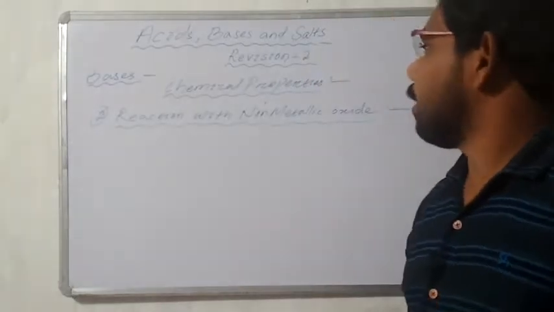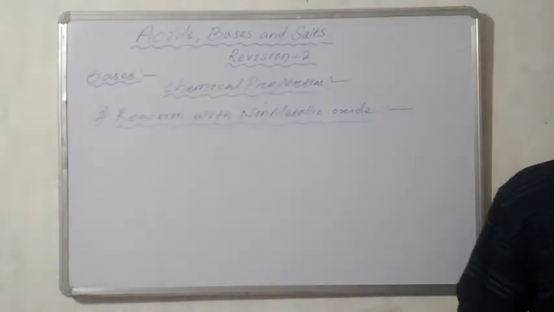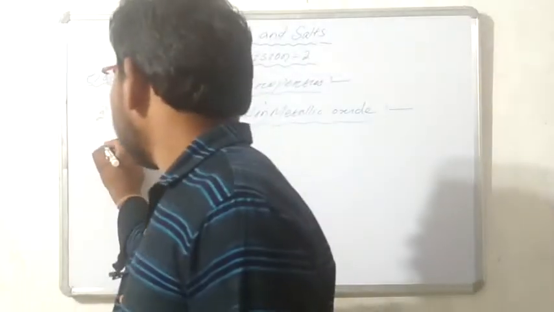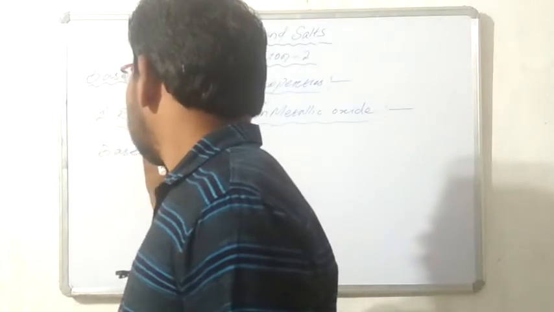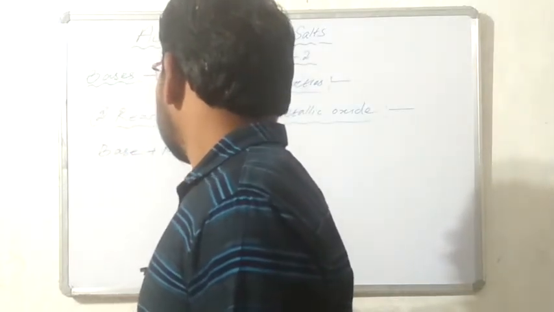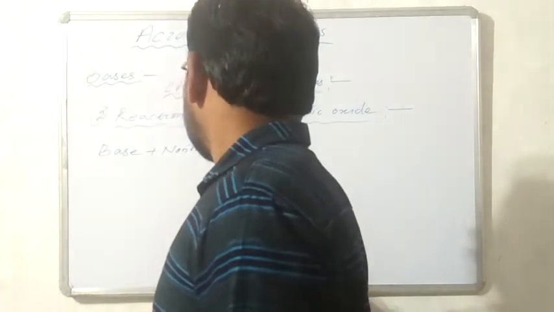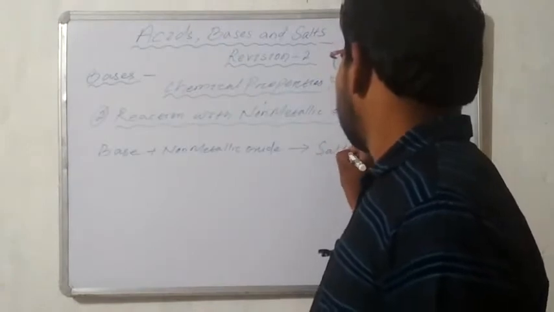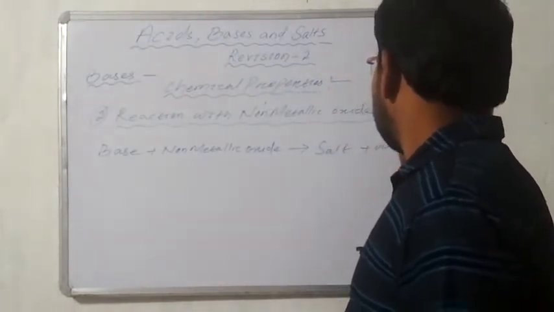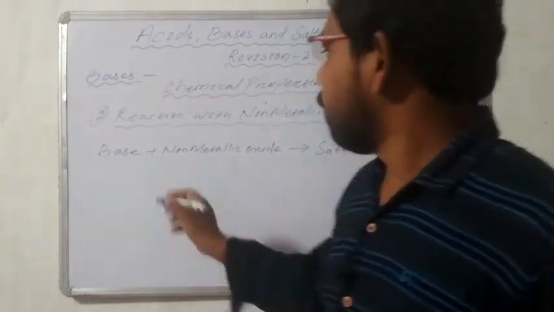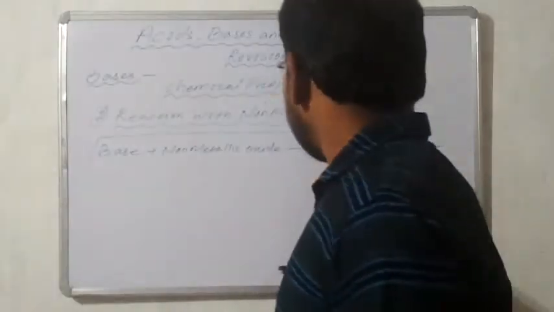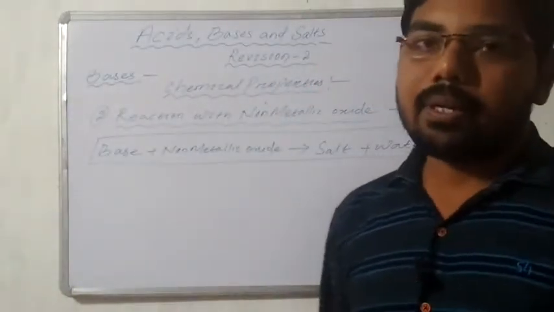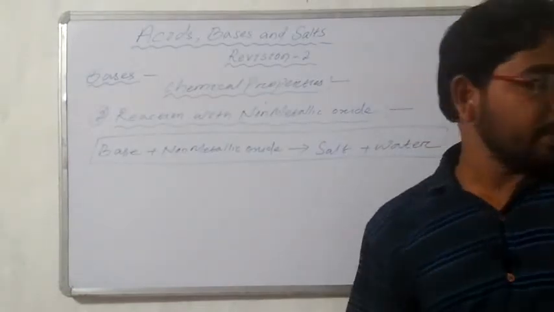What happens when a base reacts with non-metallic oxides? Base plus non-metallic oxide forms salt plus water. So when a base reacts with a non-metallic oxide, salt and water are produced.